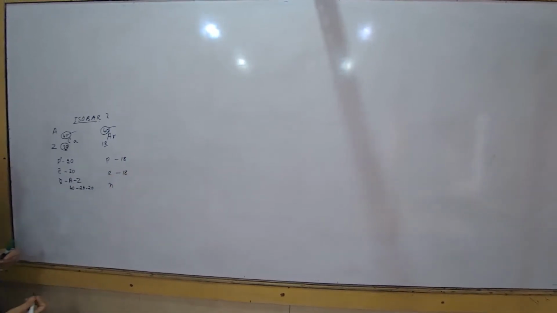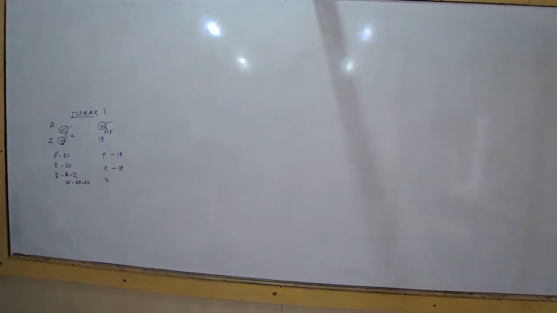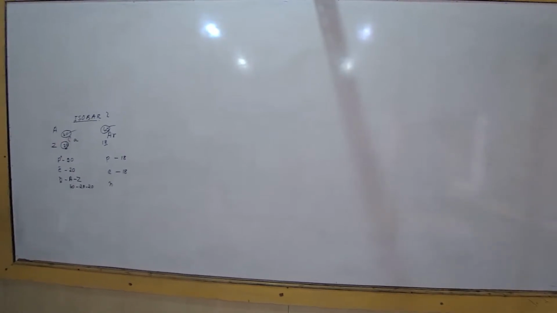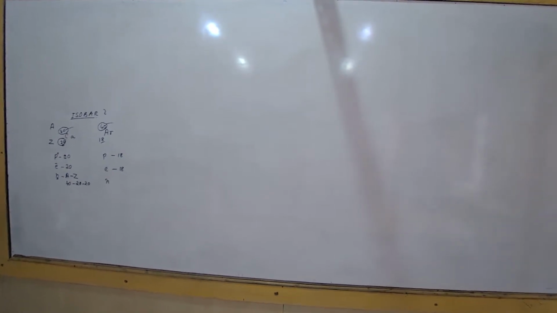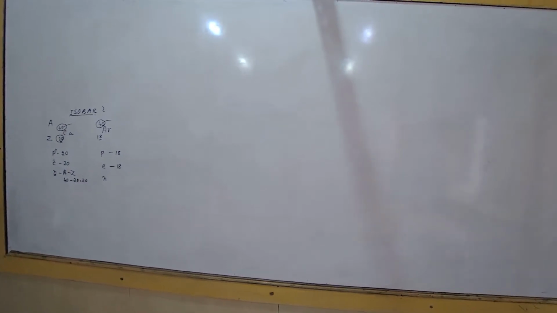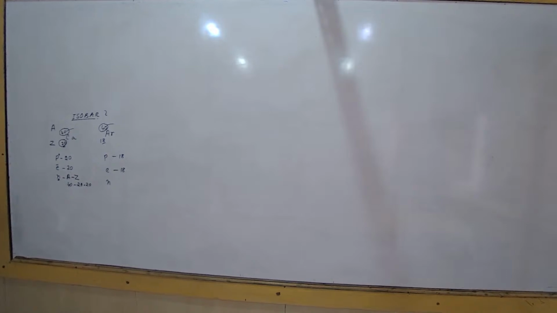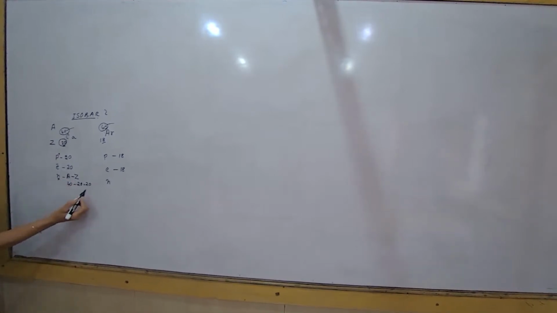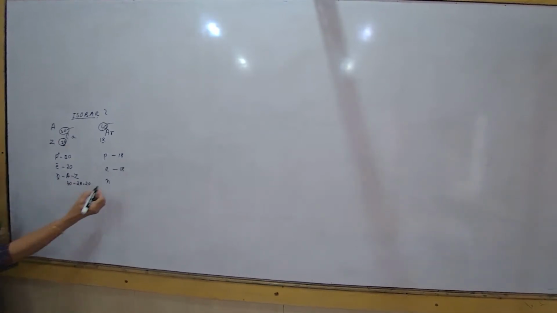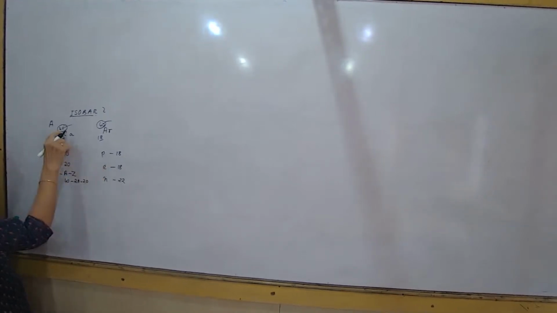And neutrons: 40 minus 18 is how much? 22. For calcium we already calculated 20, so for argon it has to be 22, just two more than that.